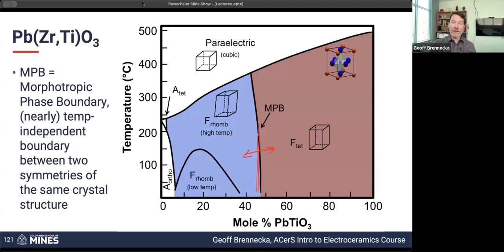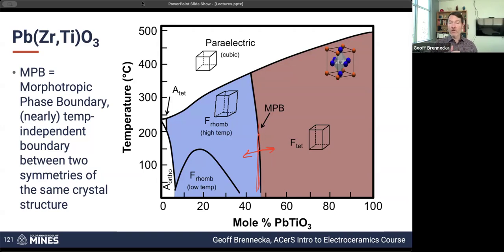So that's really handy if you want to make something that sits at this phase boundary, because we talked about with barium titanate and with multilayer ceramic capacitors, that materials give you the best performance when they're frustrated. So when they're sitting right at a phase boundary, a lot of times you'll get the highest performance. This is a situation where we can lock in that frustration by sitting right at the phase boundary when we make the material based on the chemistry.